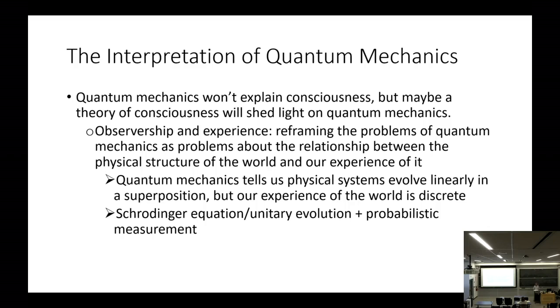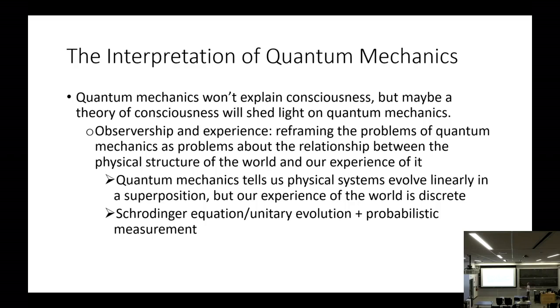So let's start with the thesis of Chalmers' text. What he says is that maybe quantum mechanics won't help us explain consciousness, but maybe a theory of consciousness will help us understand quantum mechanics better. And so that's the motivation for this chapter of the book.